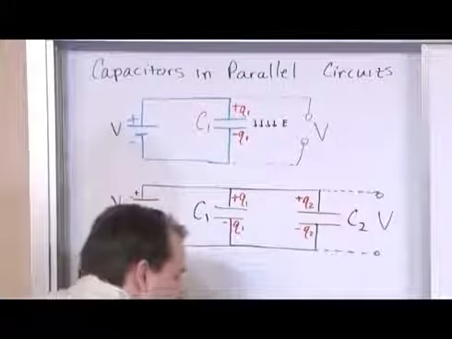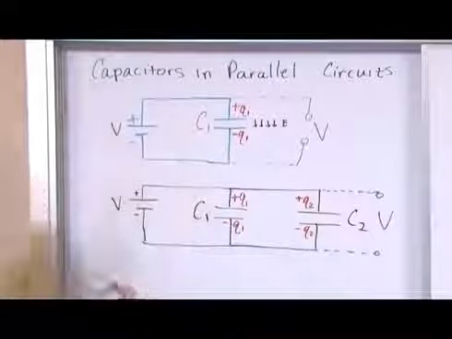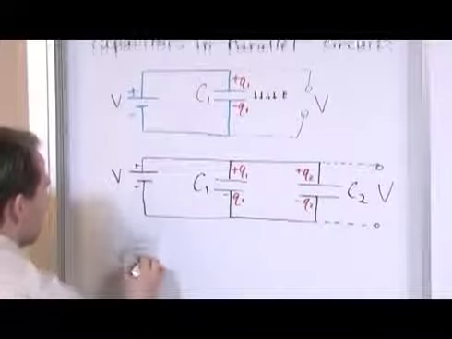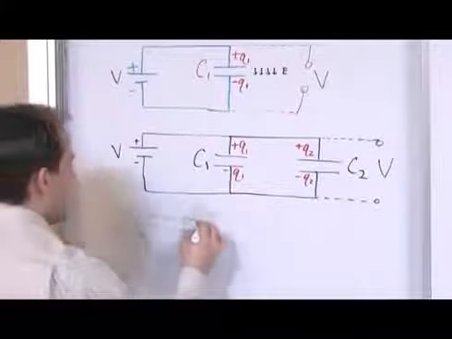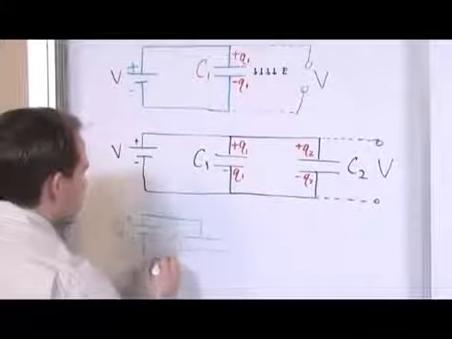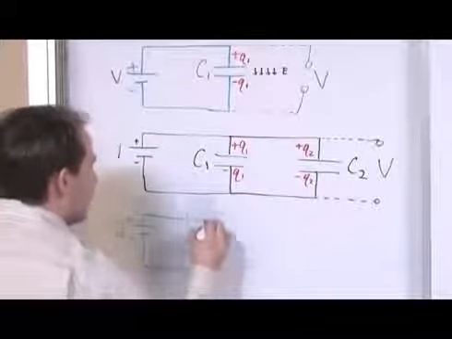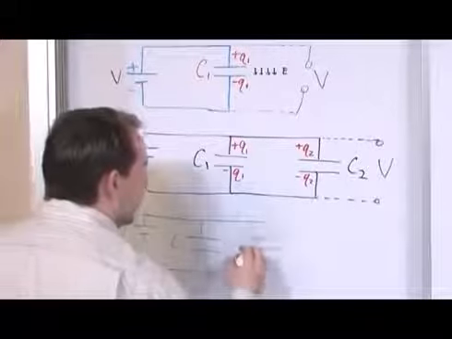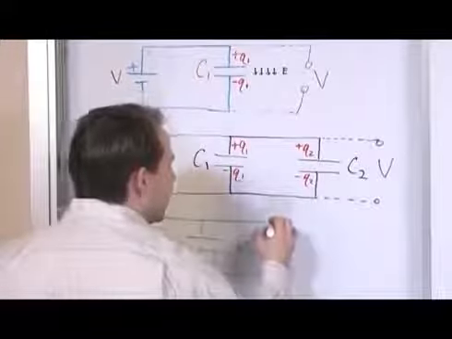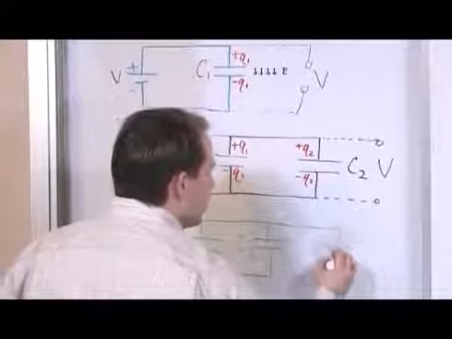So let me draw one more. I think you get the point, but I really want to make sure nobody's lost. So this will be plus and minus. Let me draw C sub 1 again, and C sub 2 again, the same as that capacitor. And we'll draw a third capacitor, C sub 3.